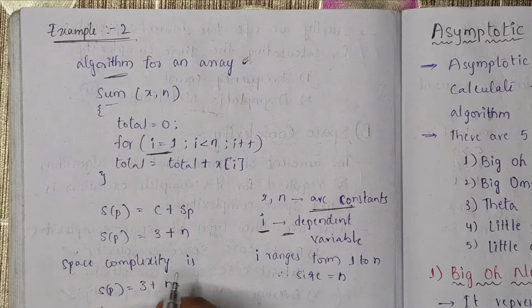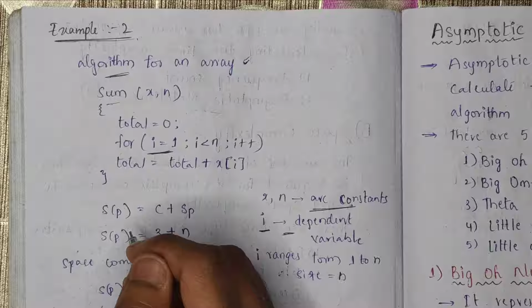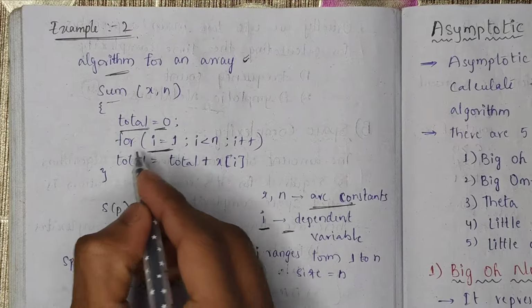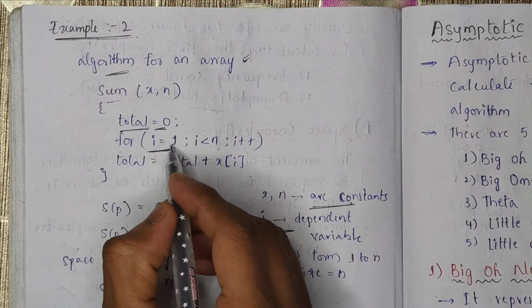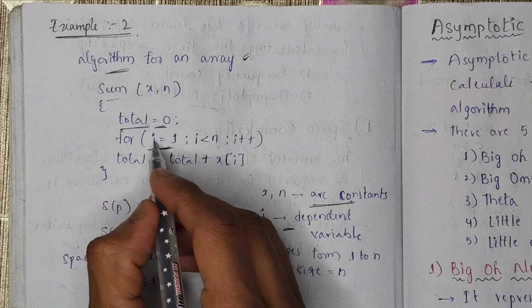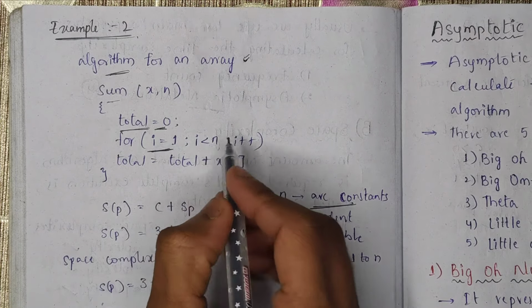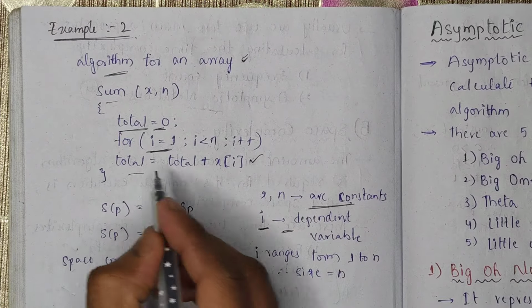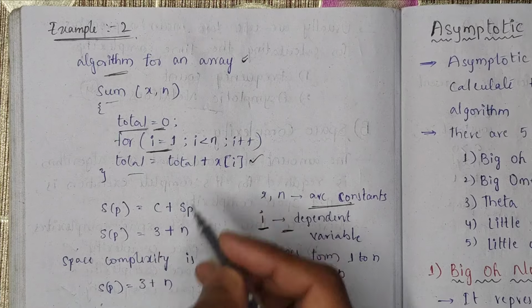By seeing the algorithm you can understand it clearly. Here we have total equals 0, for I in range, I equals 1, I less than n, I plus plus, and total equals total plus x of I.